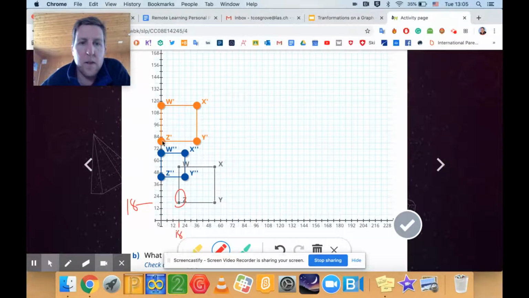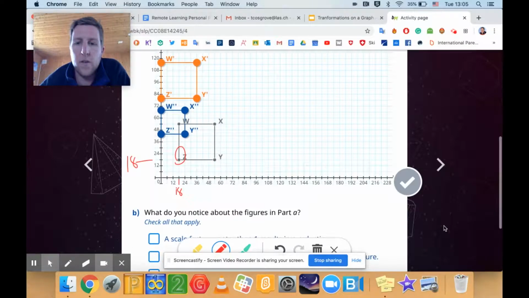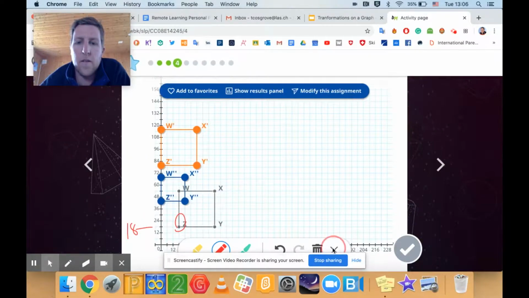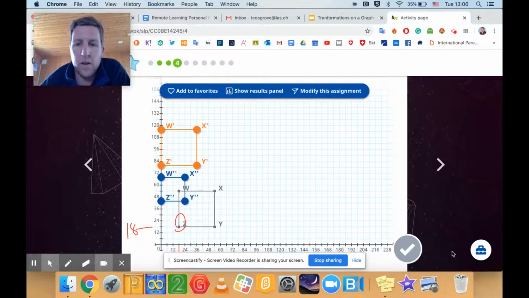So we need to make our new coordinate at 18, but times by 3. So 18 times 3. You can do it on the calculator if you're struggling. Remember that there is a calculator in the corner here.